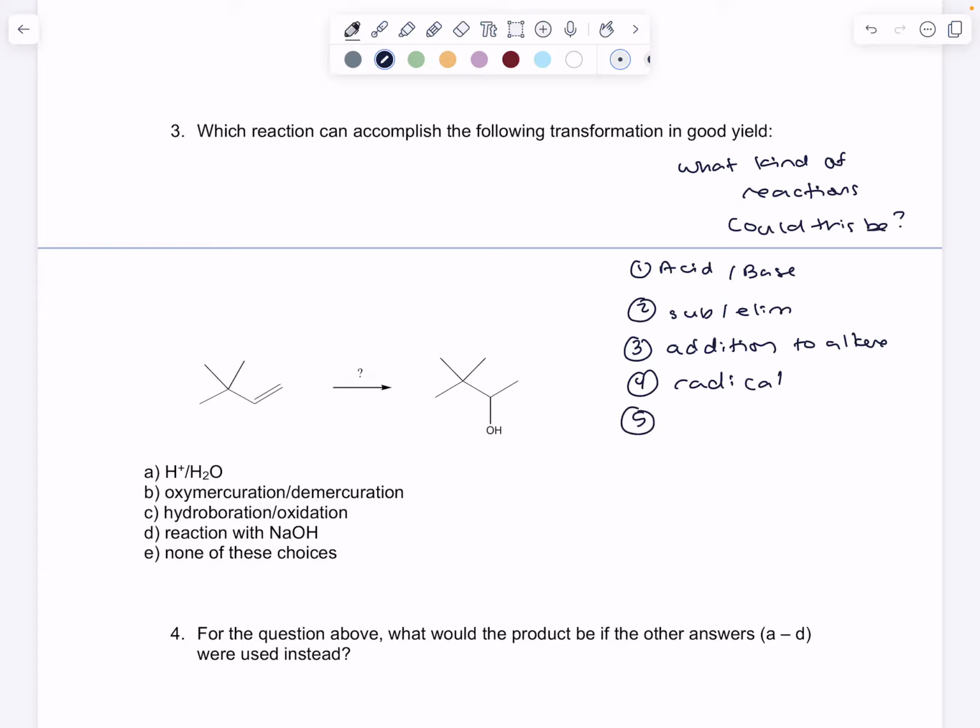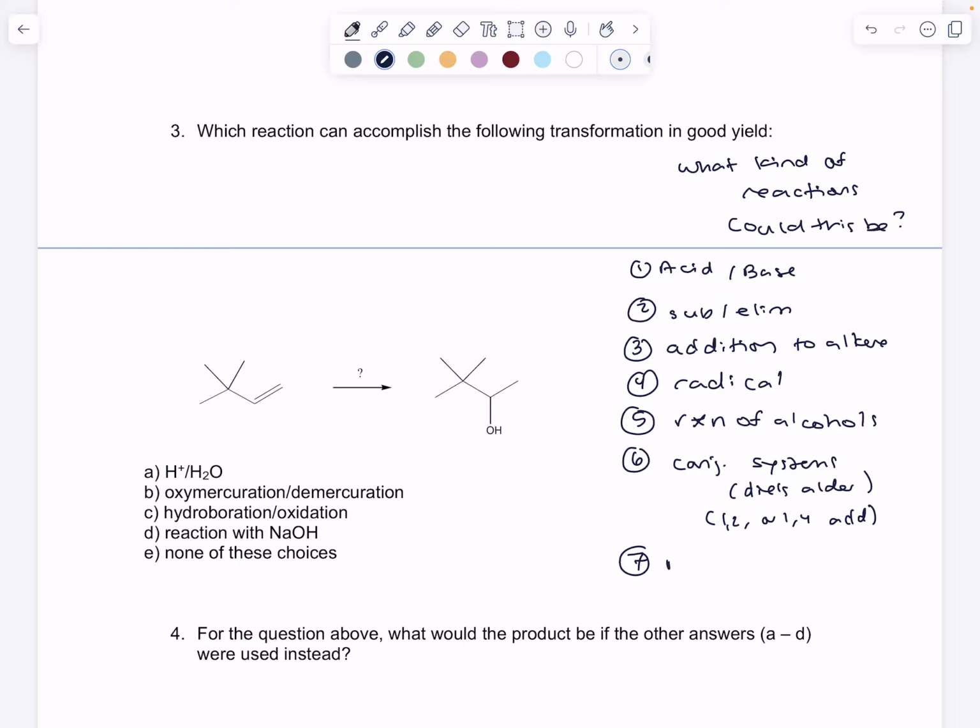And then we also learned reactions of alcohols, how to make them, and then how to react them forward. We learned conjugated systems. So that'd be like Diels-Alder is a big one, and then 1,2 or 1,4 addition. And that was like, we talked about thermodynamic versus kinetic control.